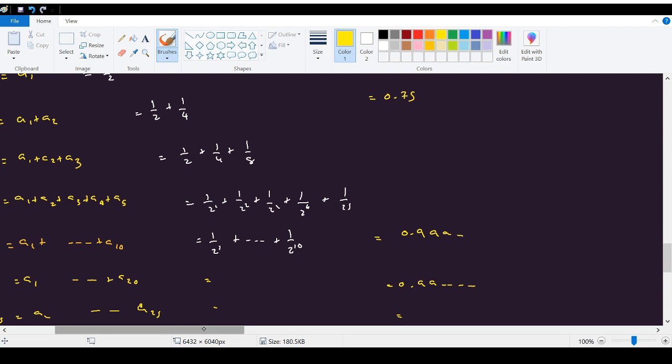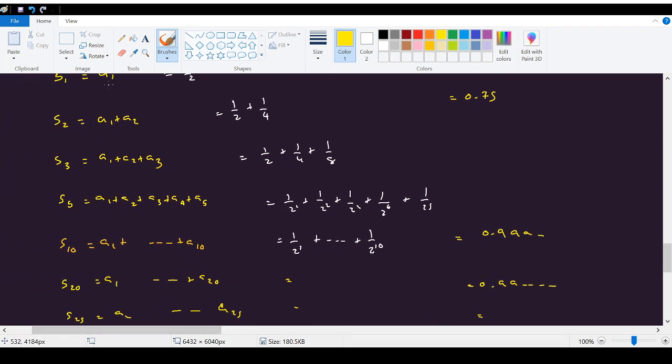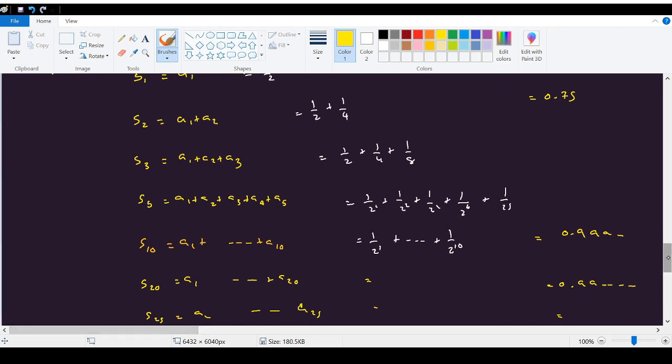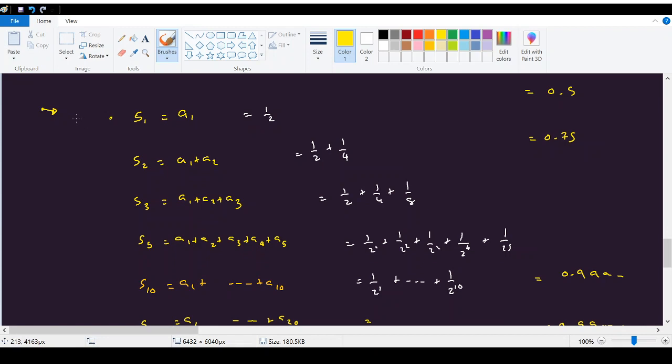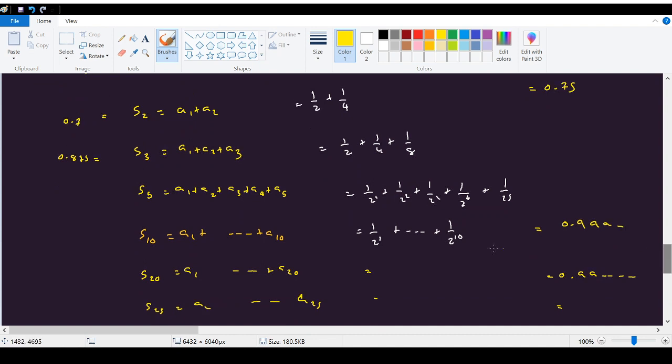That means the values obtained by this addition of finite terms will be, in this specific example, 0.5, then 0.75, then 0.875, and likewise 0.9993 something, and then 0.99994, and so on.